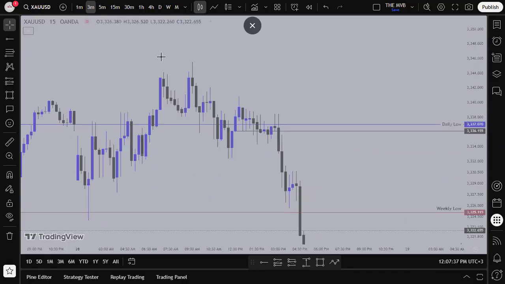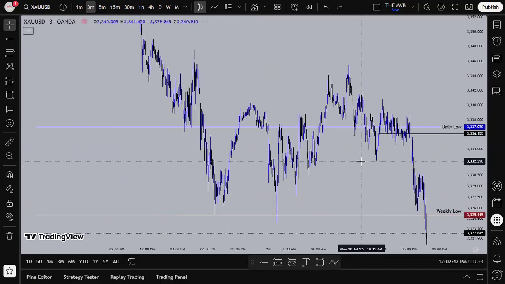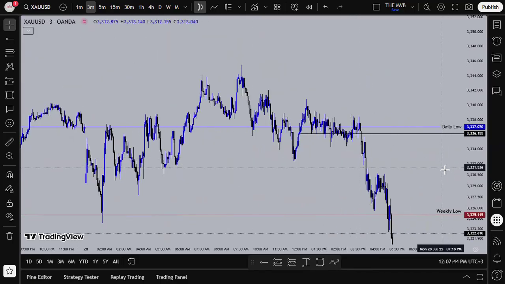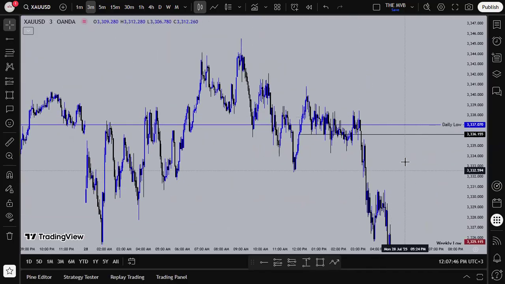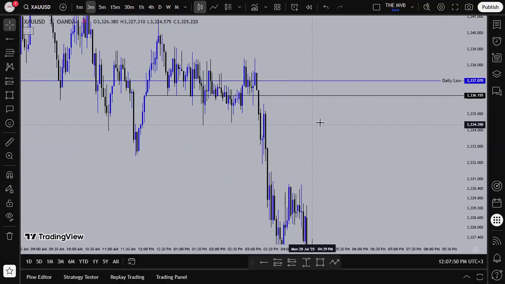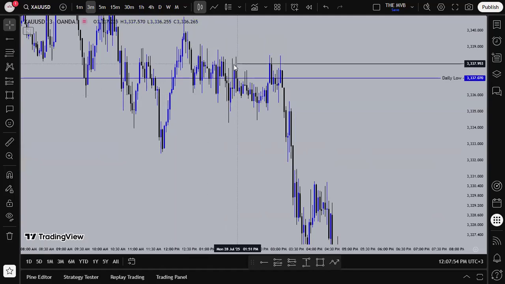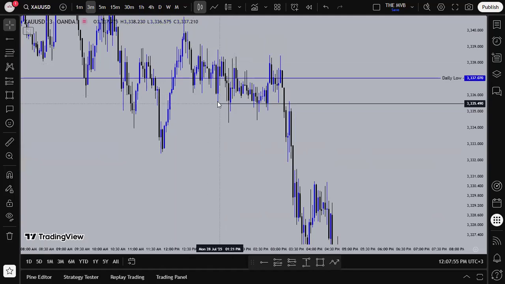You can see it clearly in the 3 minute or 1 minute chart, after analyzing all the confirmation. Then we had this area where the market created a low here, and this low was broken.